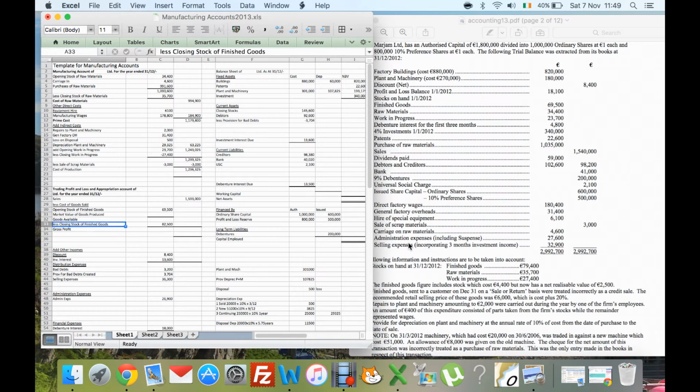Sometimes that does come up in some questions. So the cost of manufacture is the figure I have above. So there's my gross profit. So I'll add on my other incomes, then my expenses.